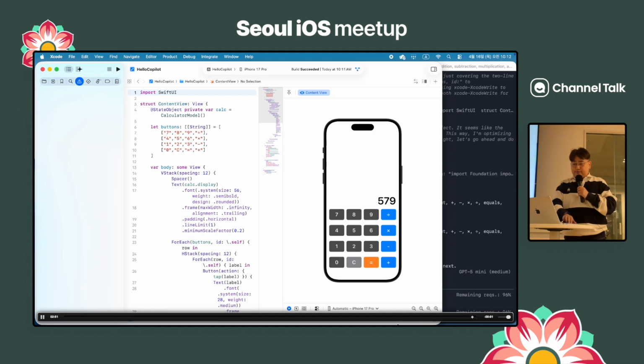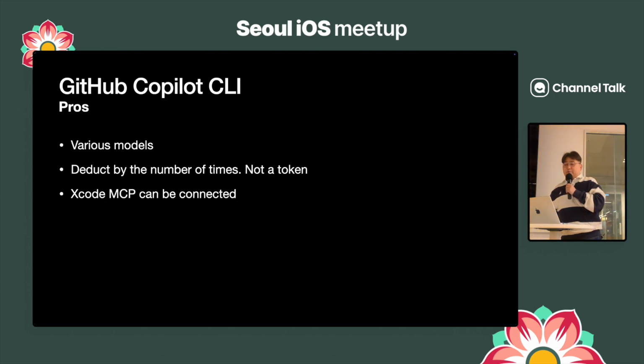Good. So GitHub Copilot CLI has various models, GPT, Claude, and so on, and it deducts by the number of requests, not tokens.